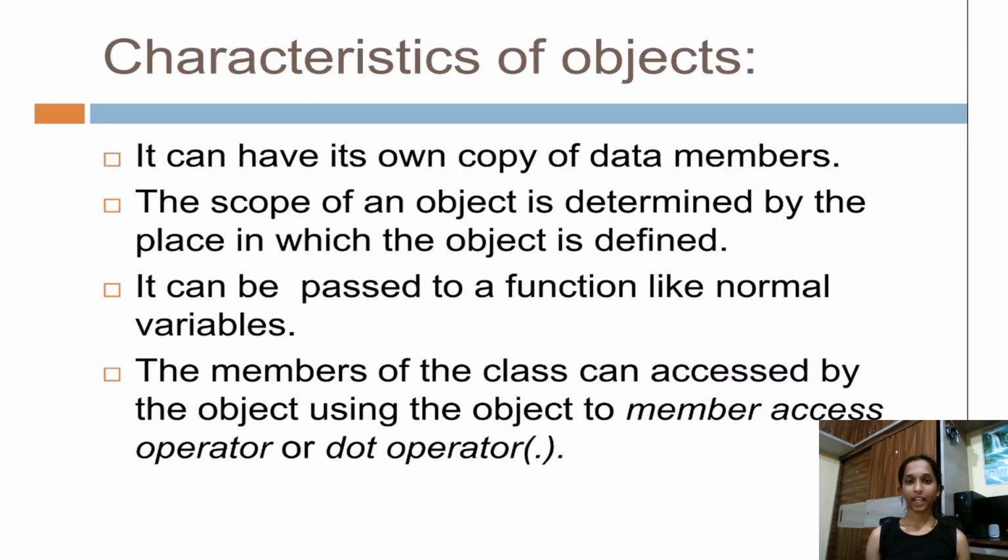Coming to the characteristics of objects, an object can have its own copy of data members. The scope of an object is determined by the place in which the object is defined. It can be passed to a function like normal variables. The members of the class can be accessed by the objects using the object to member access operator, or dot operator.